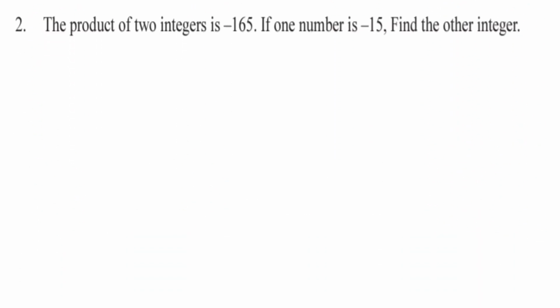Let us see question number 2. The product of two integers is minus 165. If one number is minus 15, find the other integer. Write the solution here.